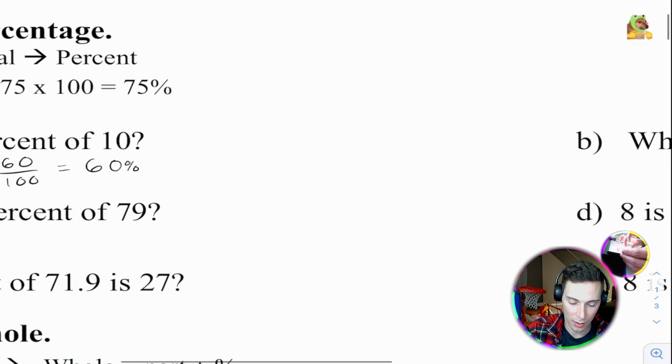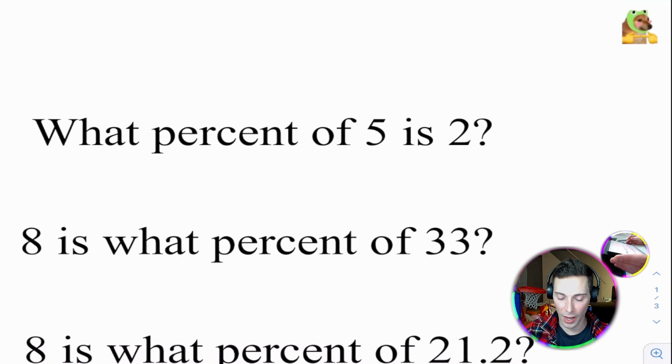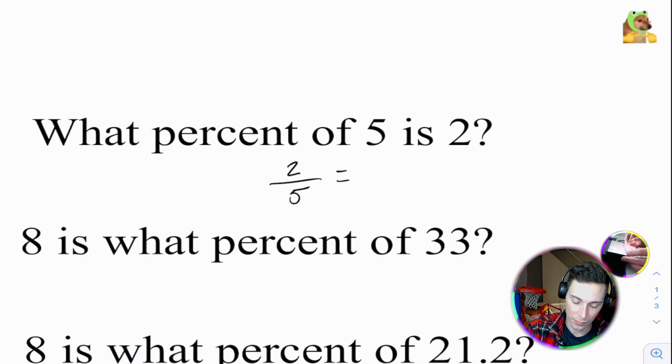Question 1B. What percent of 5 is 2? So of 5, that's our bottom number. Is 2, that's our top number. 2/5. So this is going to be equivalent to 40 100ths, right? So times 20, times 20.